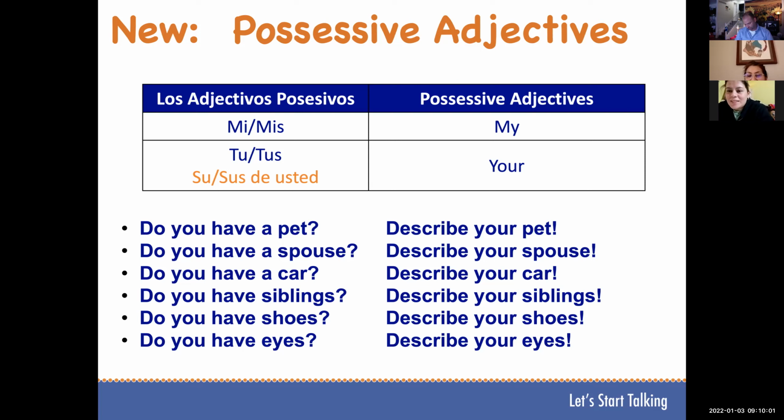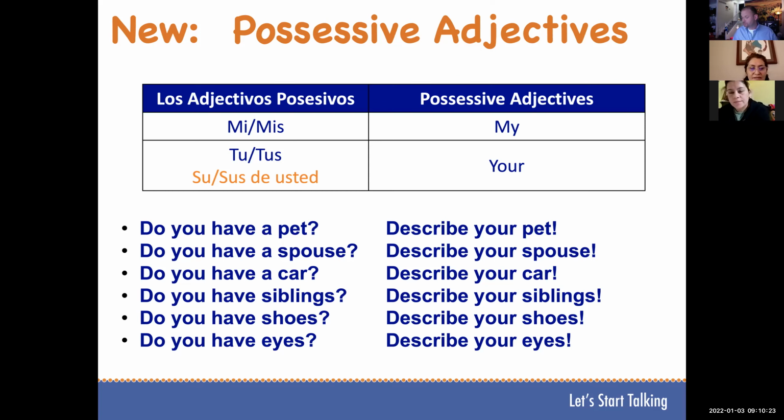My husband is beautiful person. Handsome. Se usa handsome para hablar de los hombres. Beautiful. Okay.